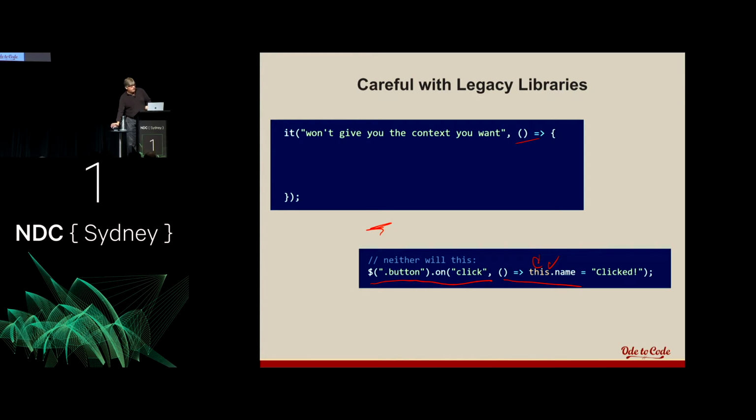And then when Jasmine invokes the function to execute the unit test, it tries to set up the this pointer so you can get to the test context. But if it's an arrow function, you don't get the test context. So I had tests failing and was trying to figure out why, and I thought maybe it was a bug in the transpiler. And that's when I actually dug into the JavaScript specification and saw, oh, this is actually how arrow functions work.